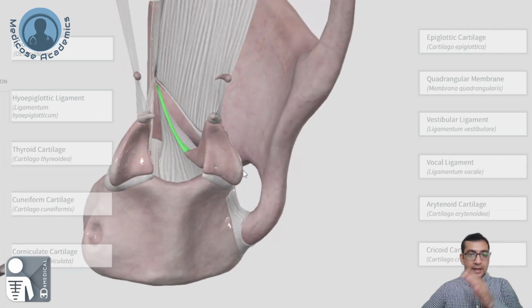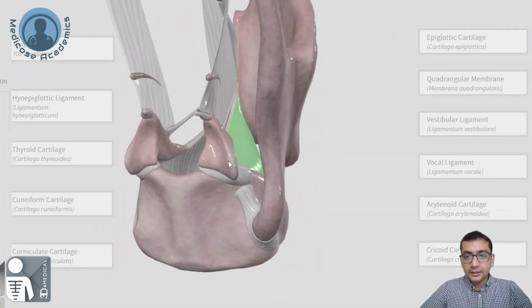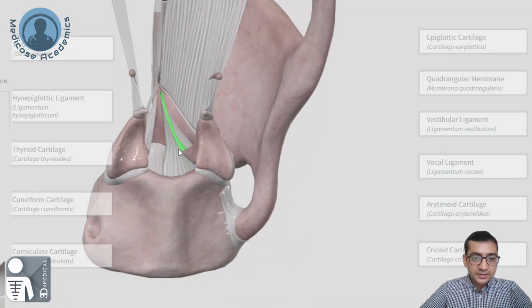So it is known as the cricovocal membrane. The lateral cricothyroid is better known as the cricovocal membrane. It is running between the cricoid cartilage here and the vocal ligaments right here.